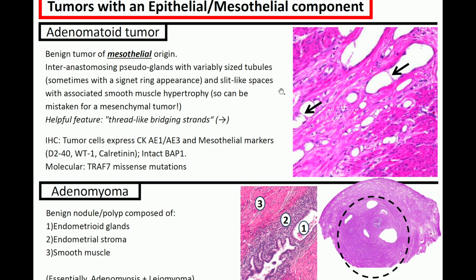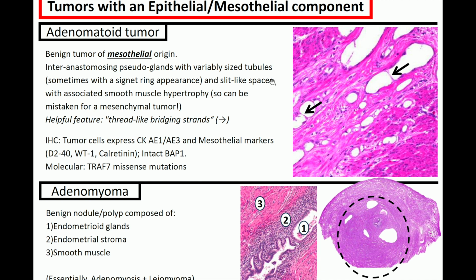A helpful feature is these thread-like bridging strands, and for IHC, tumor cells will express cytokeratin AE1/AE3 and mesothelial markers, which are going to be D2-40, WT1, and calretinin.